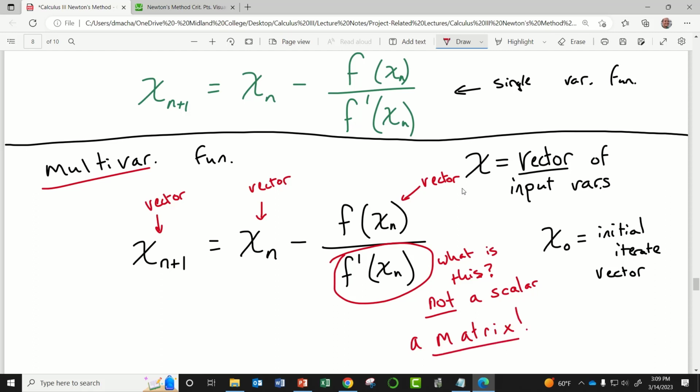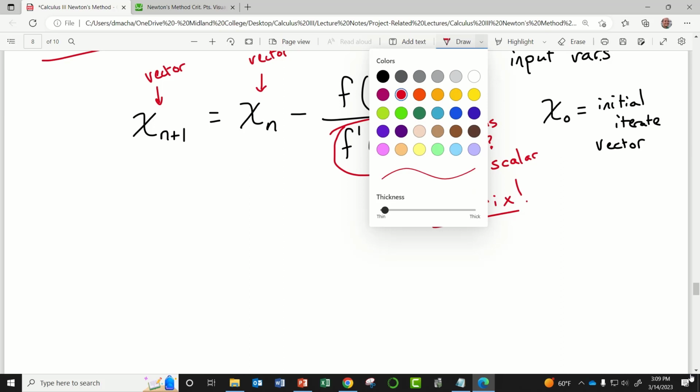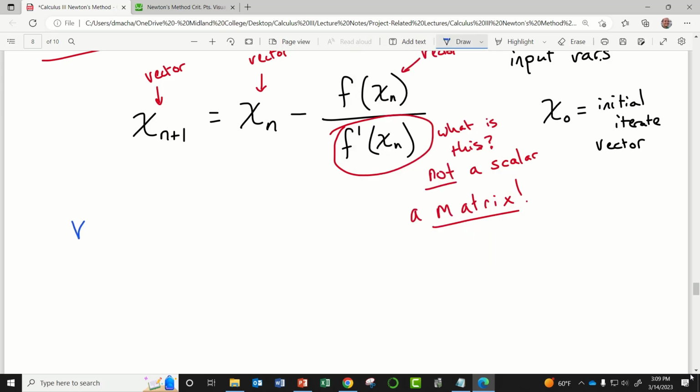Now, a solid complaint that I would definitely take seriously is you could say, well, we don't have a solid way of dividing a vector by a matrix, right? Like, what would it mean if I have a vector v divided by a matrix M? I know what matrix vector multiplication looks like, right? We talked about that in a previous recording.